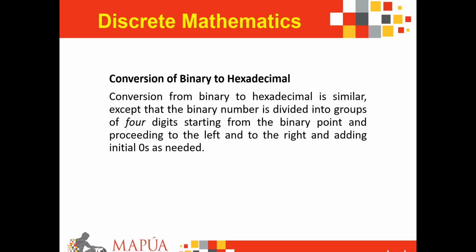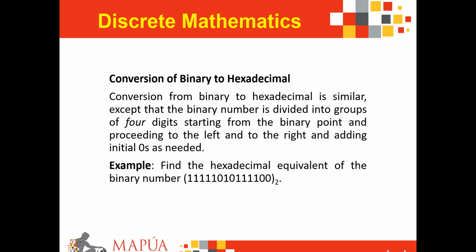When converting binary to hexadecimal this time, you simply divide your binary numbers into groups of 4. For example, I wanted to find the hexadecimal equivalent of this binary number. Therefore, we simply group them into 4s, again appending values on the most significant bit, starting from the least significant bit.